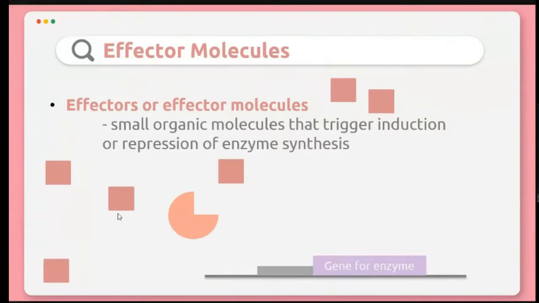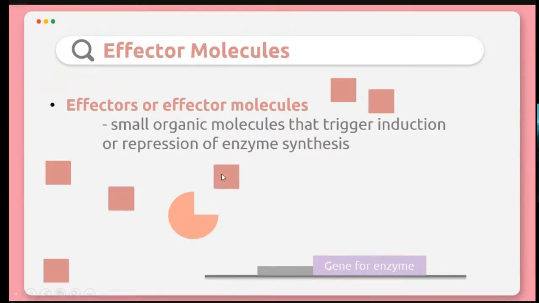The one thing that is common in both catabolic and anabolic pathways are the effectors or effector molecules. Both anabolic and catabolic pathways, they have effector molecules, which are small organic molecules that trigger induction or repression of enzyme synthesis. Induction or repression. So, for example, yung effector molecule mo dito ay itong square things, square small things.